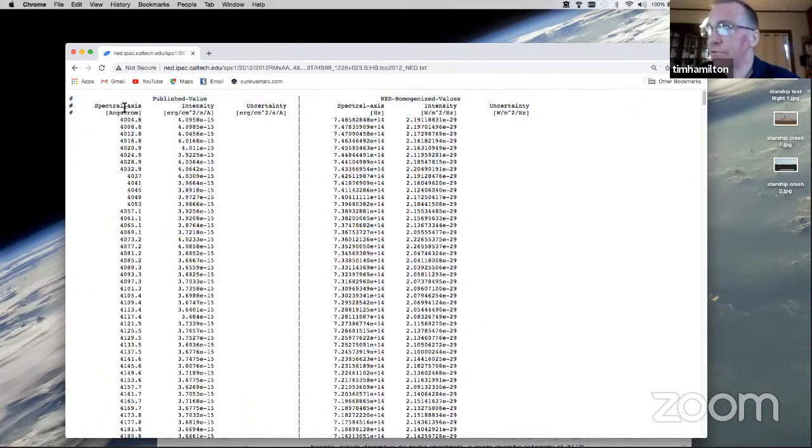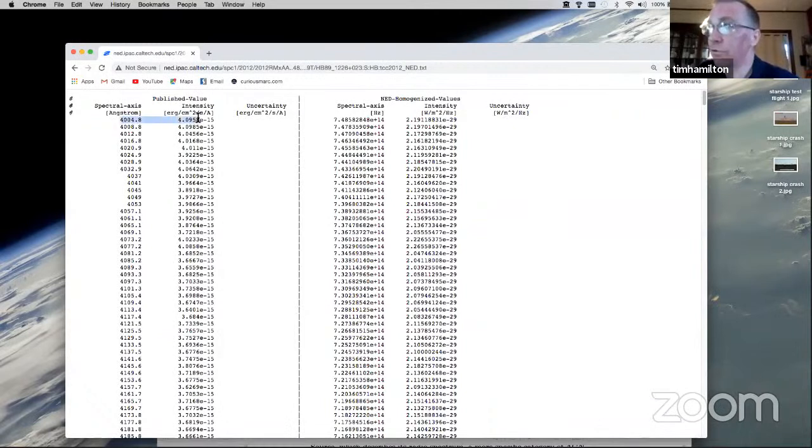On the left, we see the way it was when it was published. On the right, we see the way that NED has standardized them, where they have converted the wavelength to frequency in hertz, and then they put the intensity in watts per meter squared per hertz. In optical astronomy, we tend to use wavelength instead of frequency, so it's easier for me.